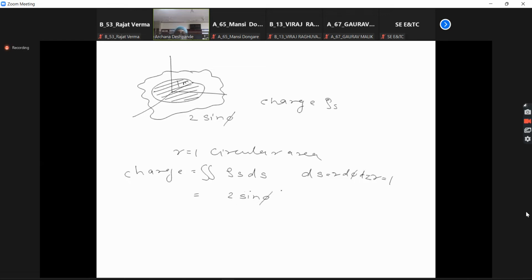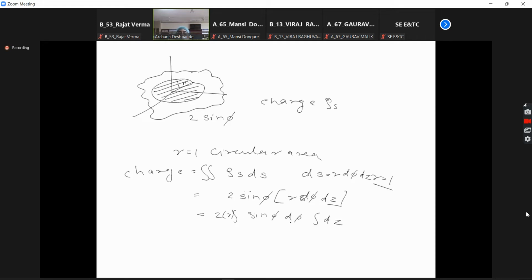So this into r d phi dz. So this is equal to 2 constant integration. r is also constant whose value is 1. So r is 1 for this surface, and wherever there is r in the formula, you just substitute 1. Integration sin phi d phi, integration dz.